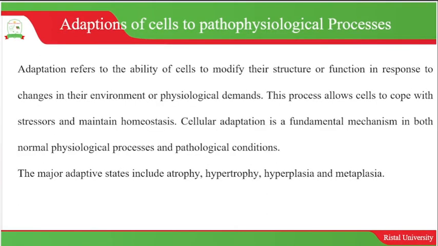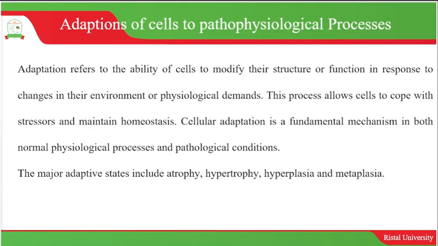What are the adaptations of cells to pathophysiological processes? We said that when these cells become injured, there are physiological events they can go through in order to adapt and proceed with their normal function, even when these stressors have invaded them. We call these adaptation of cells to pathophysiological processes.